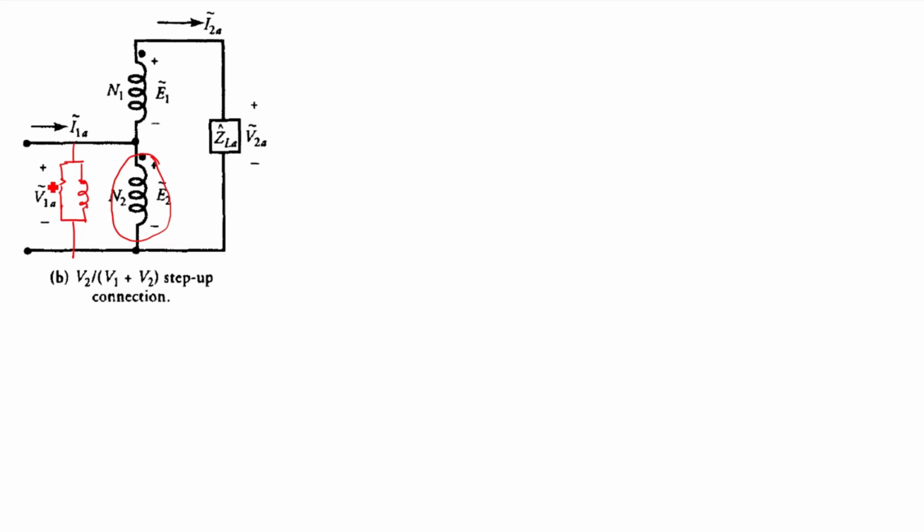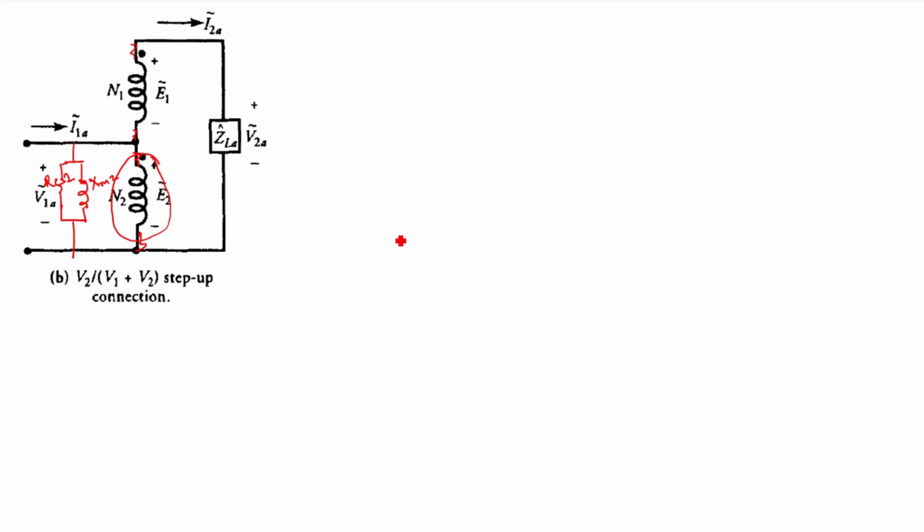That will give me RC2 and XM2, and here obviously I'll introduce the non-idealities of resistance and reactance in each of the windings, right?